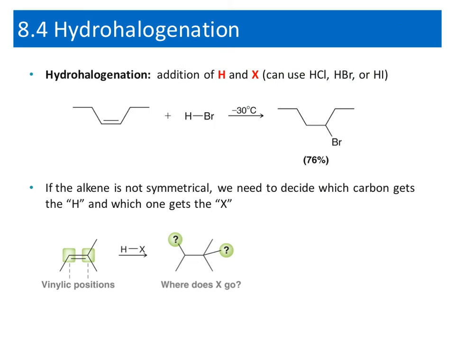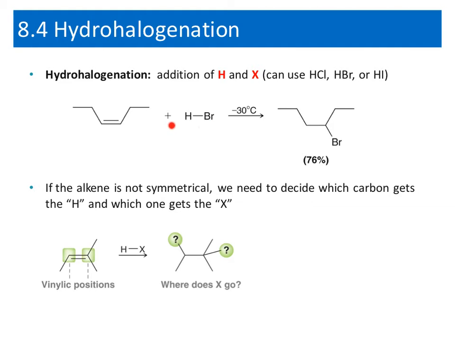The first addition reaction that we are going to talk about is hydrohalogenation. So basically the name can tell us that we are going to add hydrogen and halogen across the double bond. And the reagents that we can use can be HCl or HBr or HI.